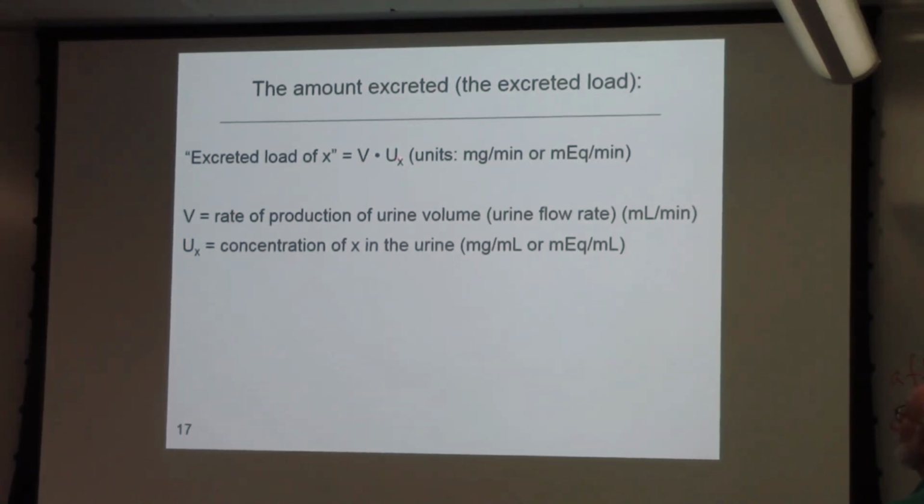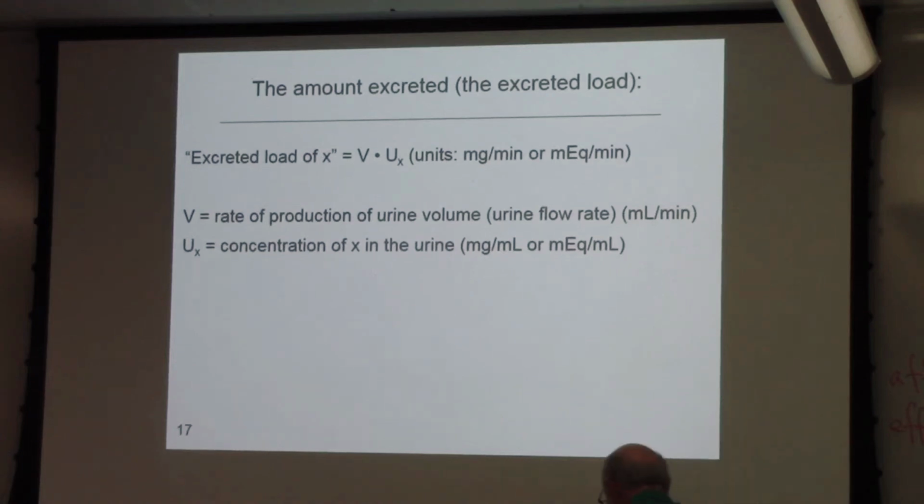So we take a flow, mils per minute, and we multiply it by mgs per mil, and we get milligrams per minute. Or if we multiply it by milliequivalents per mil, we'll get milliequivalents per minute. And that is an excreted load.